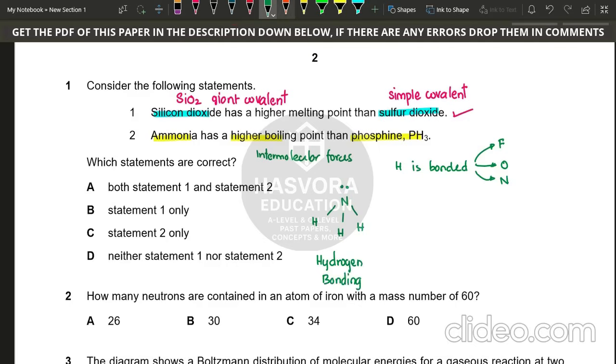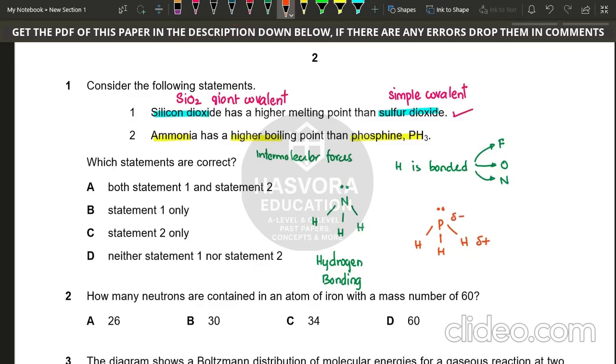Then for phosphine, which is PH3, it also has a lone pair because it is also in group 5, and it has three hydrogens. Because of the electronegativity difference, the hydrogen atoms will have a partial positive and the phosphorus will have a partial negative charge.